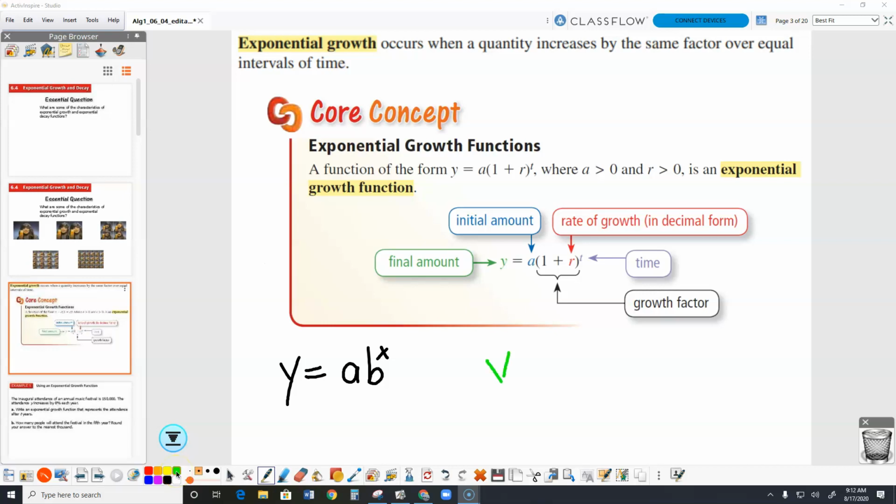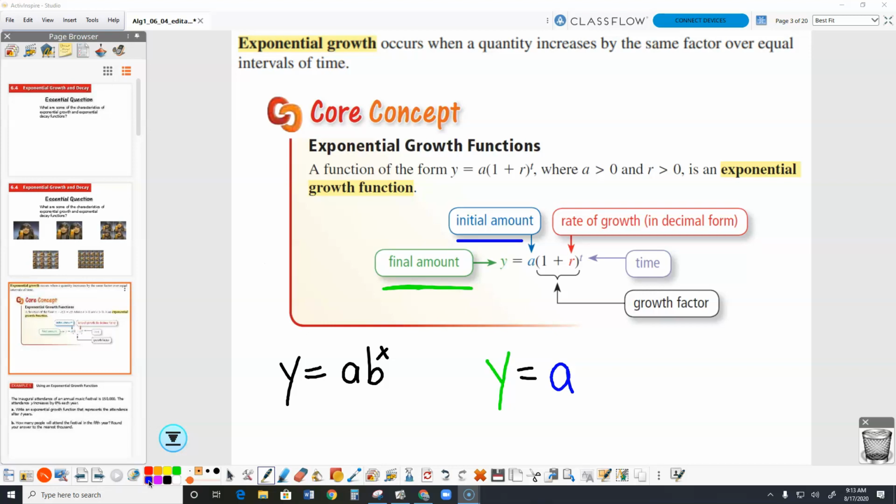So we're still going to have y, and y is going to be equal to our final amount. And we're still going to have a, and a is going to be the amount that we started with, our initial amount.